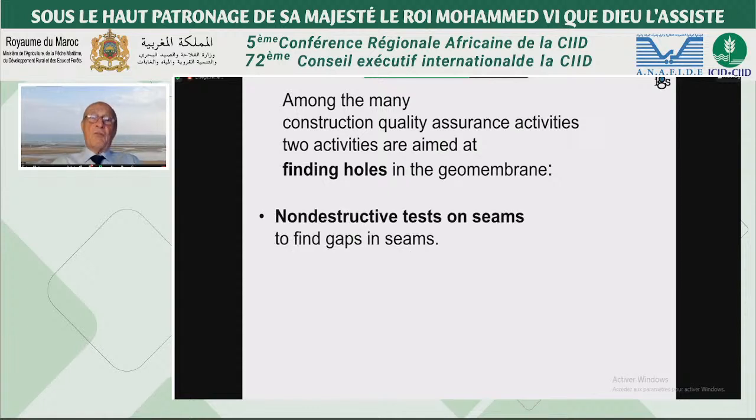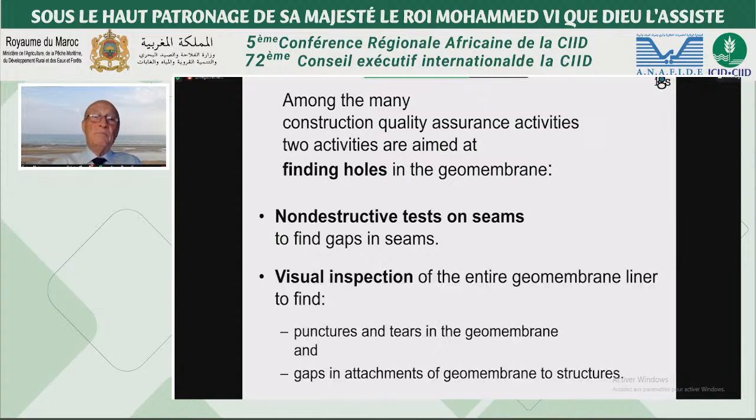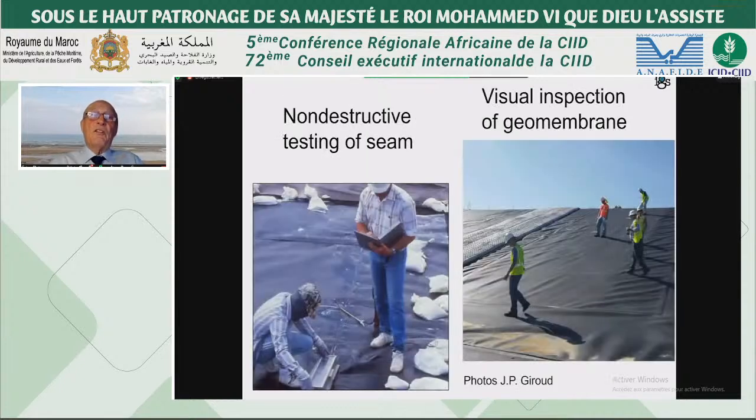First, non-destructive tests on seams to find gaps in the seams, and visual inspection of the entire geomembrane liner to find punctures and tears in the geomembrane and gaps in attachments of geomembranes to structure. We see here on the left non-destructive testing of seam, and on the right visual inspection of a geomembrane.